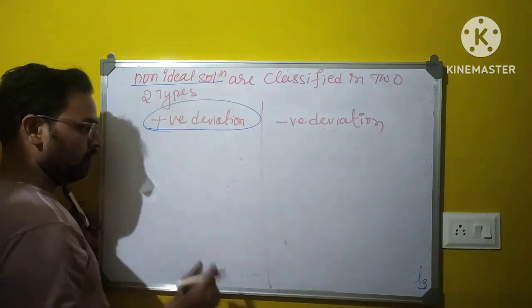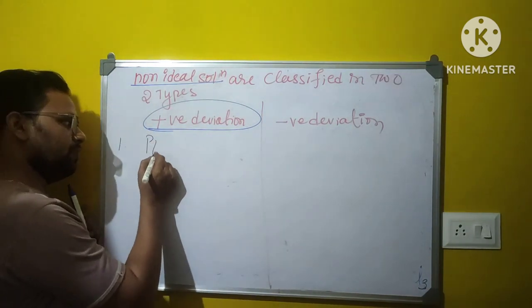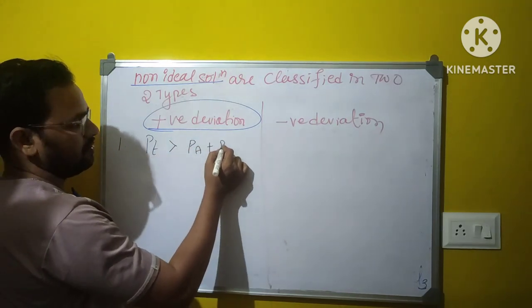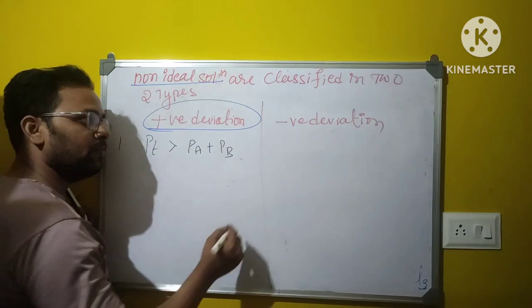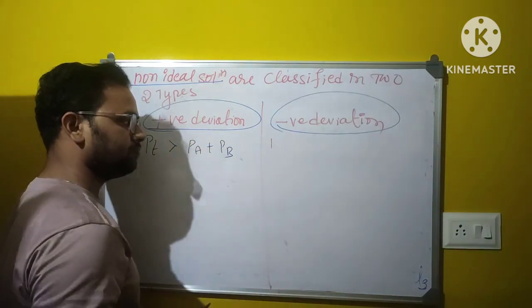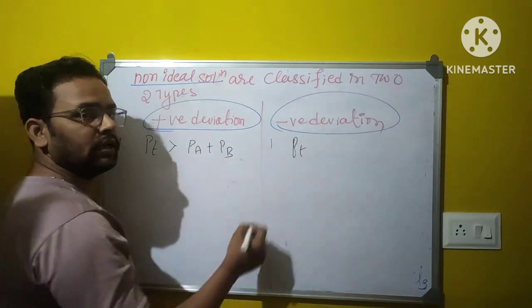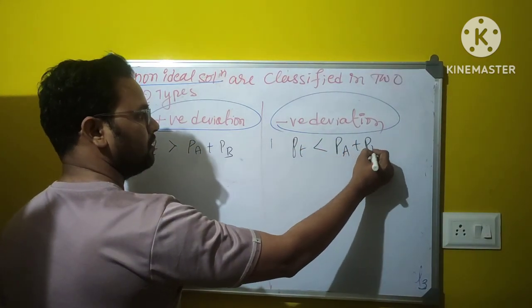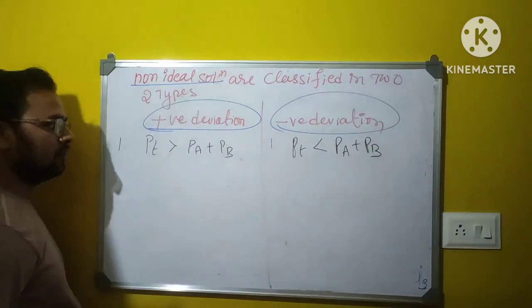Or first point, total pressure of the mixture is greater than sum of partial pressure of individual liquids PA and PB. Here under negative deviation, total pressure is lesser than sum of partial pressure of individual liquids A and B.